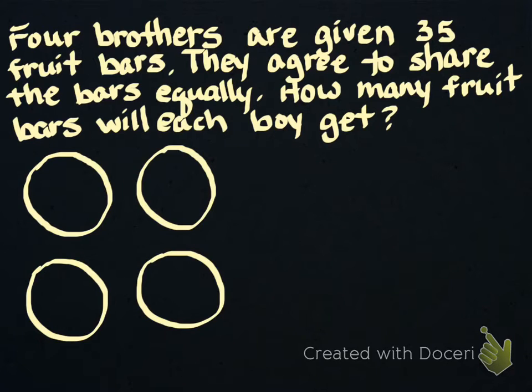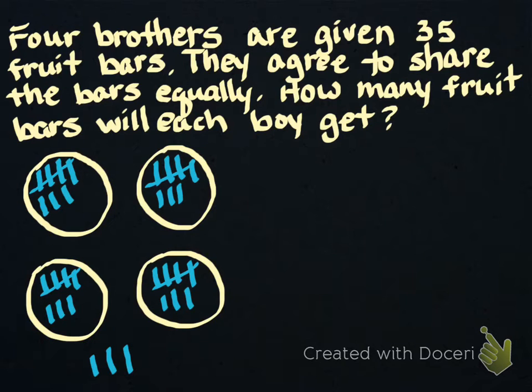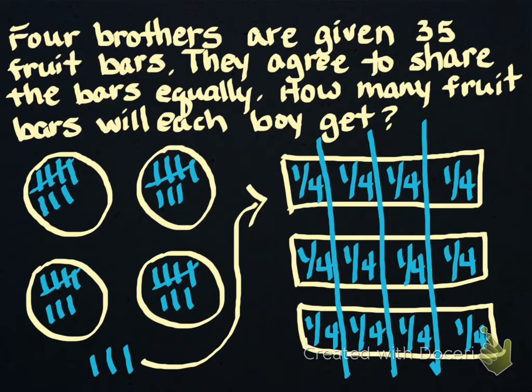So we're going to make 4 circles, and we're going to figure out how many fruit bars each person would get. And when we do that, you'll notice that we have 8 in each circle, and we have 3 left over. So what are we going to do with that 3? Well, I'm going to divide each bar into 4 parts because there's 4 brothers.